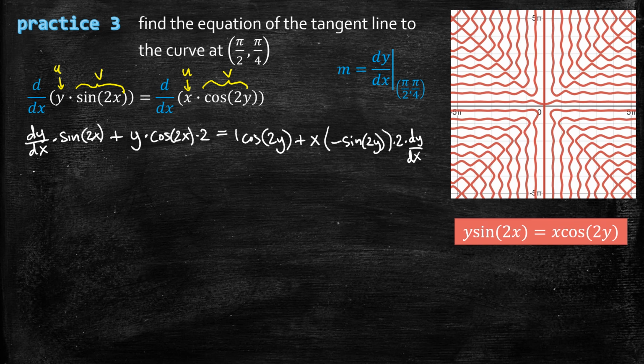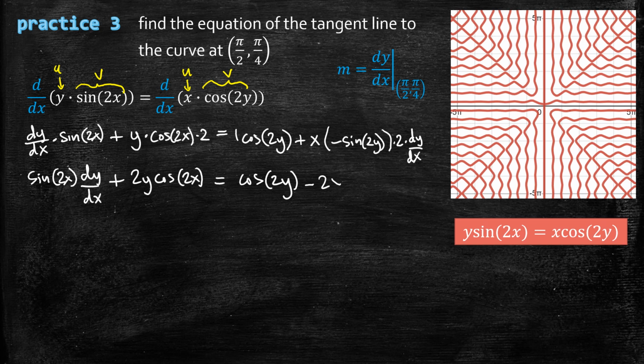Let's tidy this up a little bit. So sine 2x dy by dx plus 2y cosine 2x equals cosine 2y, and then we have here minus 2x sine 2y dy by dx. Let's get those dy by dx terms onto one side.